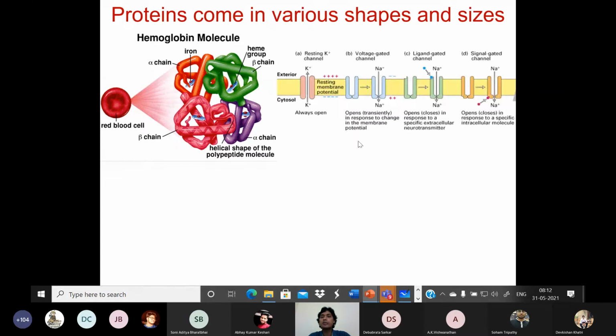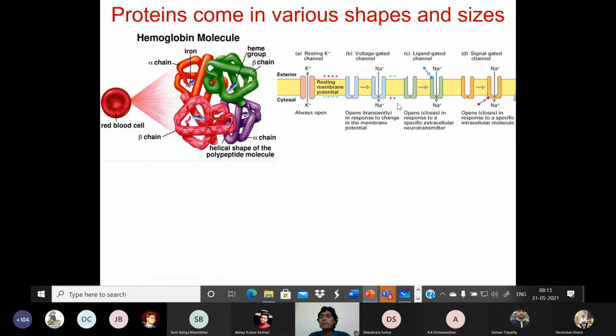And another category of protein, we are just showing some examples. There are different types of proteins in our body. So here, this is a cell membrane, and in the membrane itself, you will find different types of channels, like voltage-gated channels and ligand-gated channels.